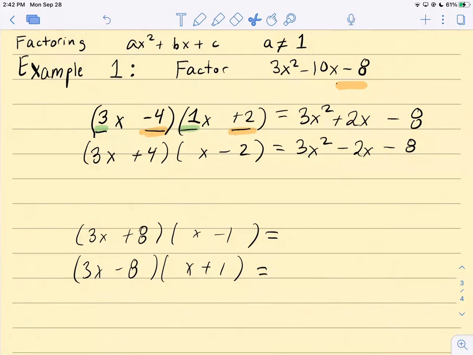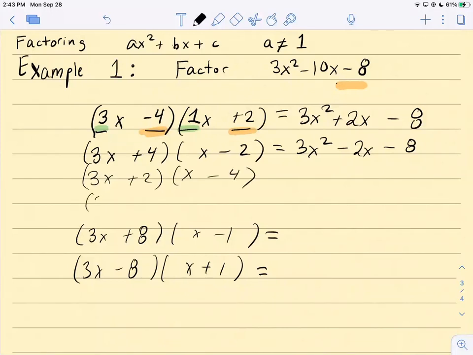Where you put the negative 4 and the 2 is important, because if you put it with the 1x, it gives you a different expression when you FOIL it out. So I also have to consider swapping the 3x and where the 2 and negative 4 are. So I can do 3x plus 2 times x minus 4.